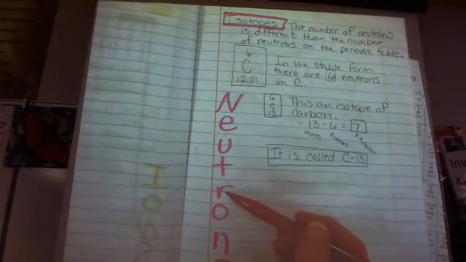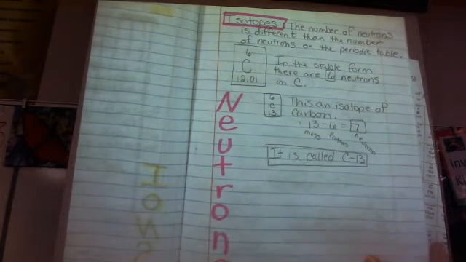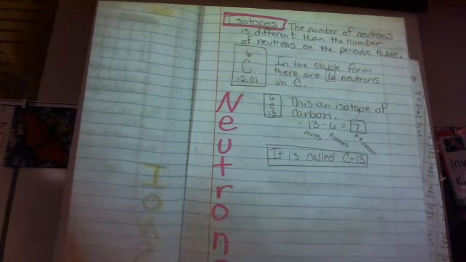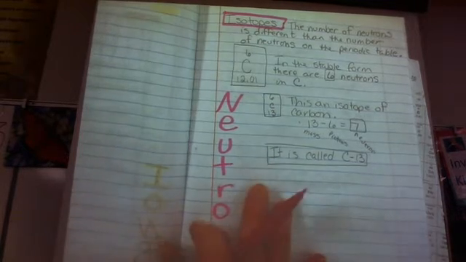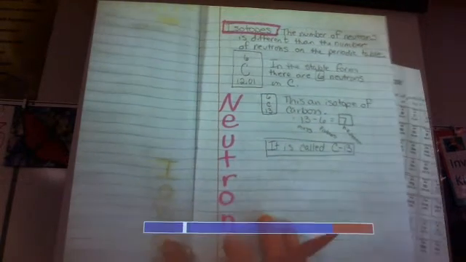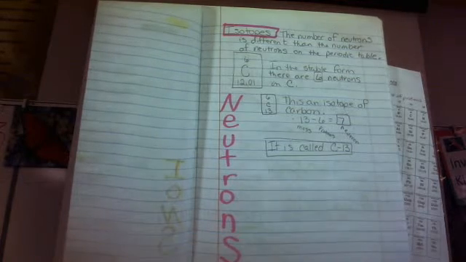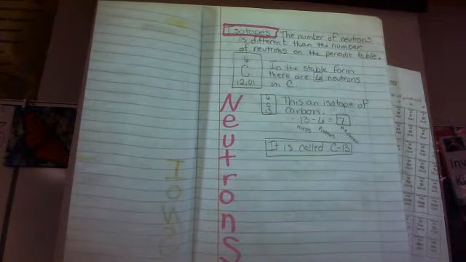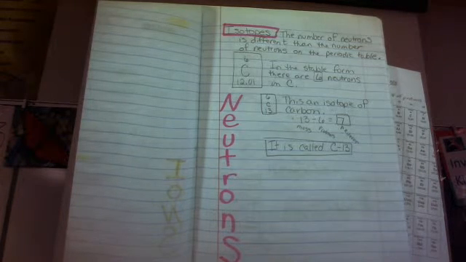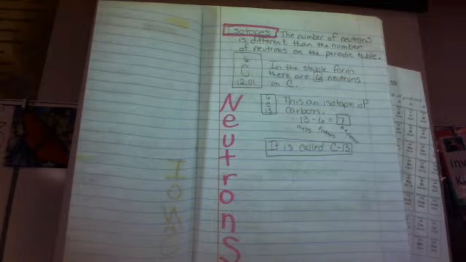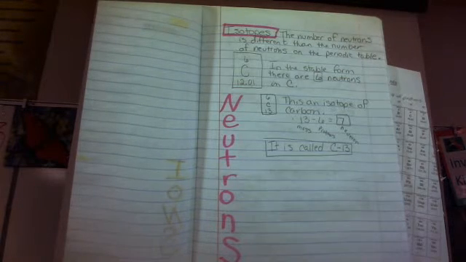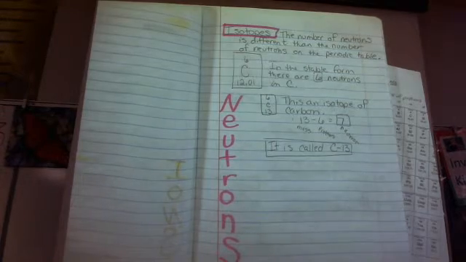So make sure you know that isotopes are a difference in the number of neutrons compared to the periodic table. This is probably the one thing that kids have struggled with the most, is determining whether you have an isotope or not. Compare it to the periodic table. If the number of neutrons is different, you have an isotope. If it's the same, you don't have an isotope.